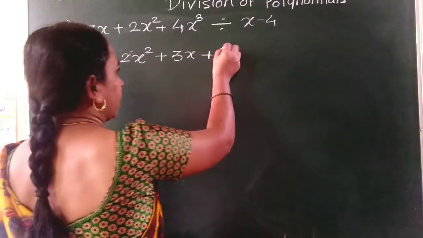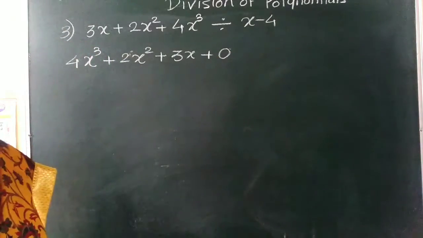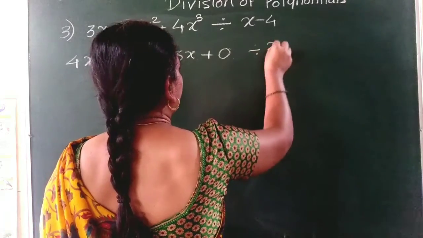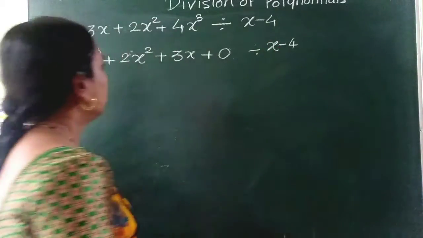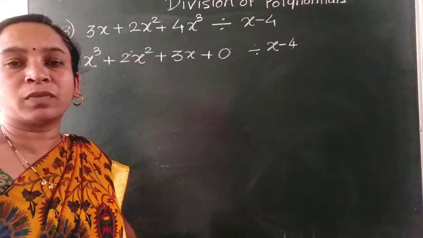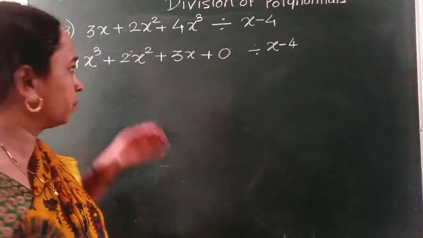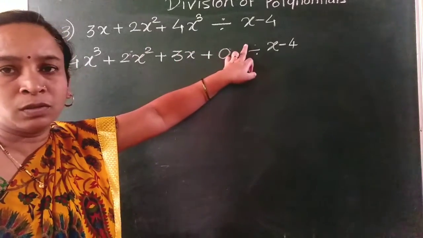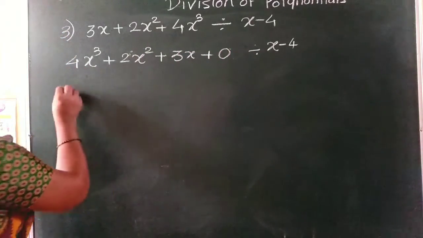Instead of that I'll write 0. So now it becomes the index form, divided by x minus 4. What is index form? It is a decreasing order of the powers of the variable with the missing terms. So x cube, x square, x raised to 1, x raised to 0. So I have written it, now we'll see the division.